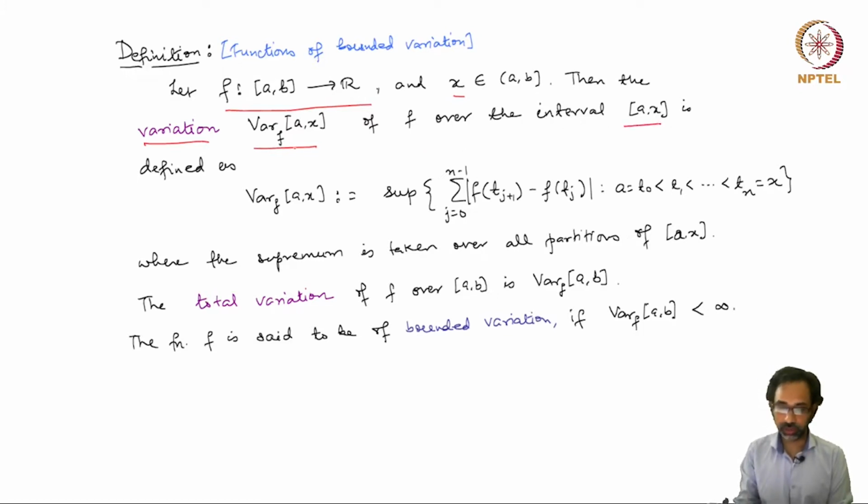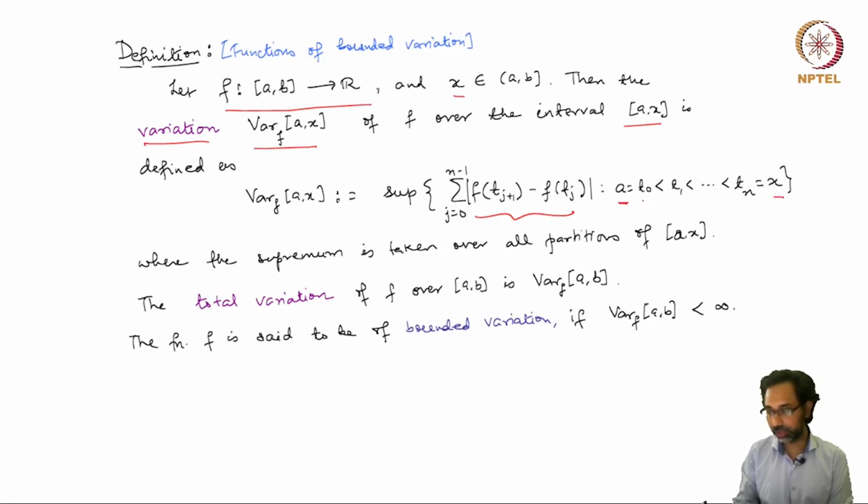It is defined as the supremum of all these sums, which measure how much f is varying over endpoints of subintervals given by a partitioning of the interval a x.